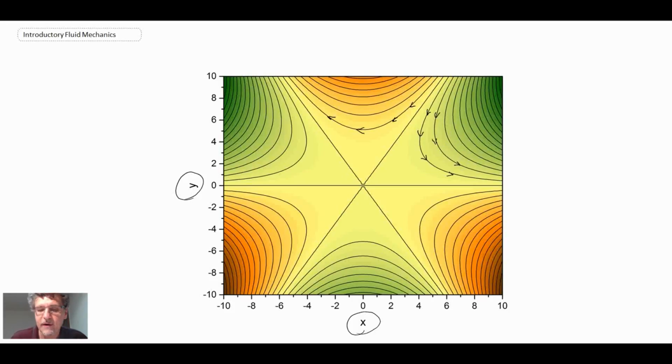It's an arbitrary field that we're looking at. As we go on in the course, we'll use techniques that can give us stream functions that are a little bit more realistic, and we'll look at that when we do potential flow modeling later on within the course. But that is an introduction to the stream function, the equation of a stream function, and how you can solve for the streamlines for an arbitrary field.